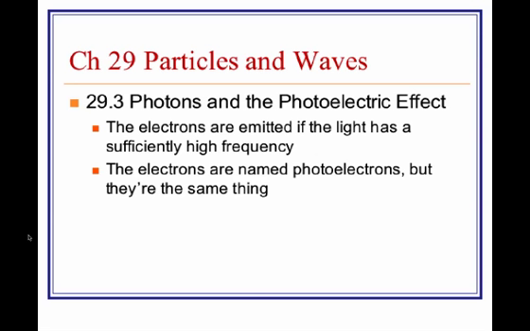These photons are all electromagnetic waves, and under this point of energy is where we see the photoelectric effect, which deals with light. But they need to hit the surface with a high enough frequency, or a high enough energy, to be able to eject an electron from that. The electrons are called photoelectrons, same deal, no big worries.